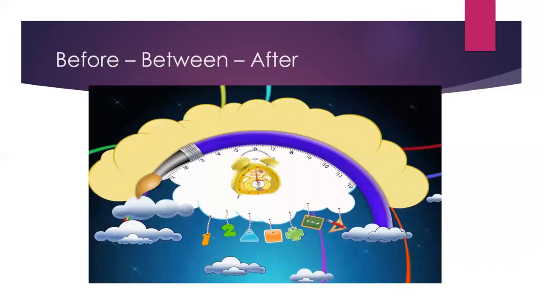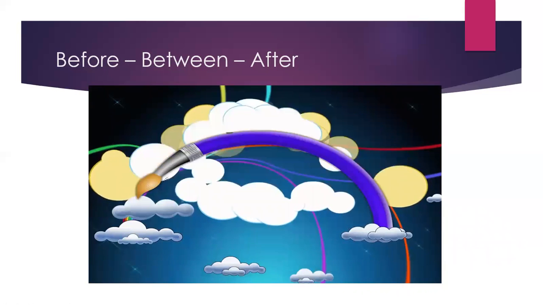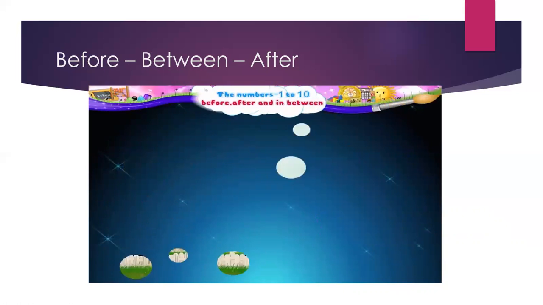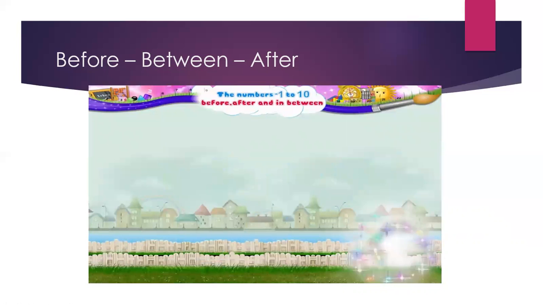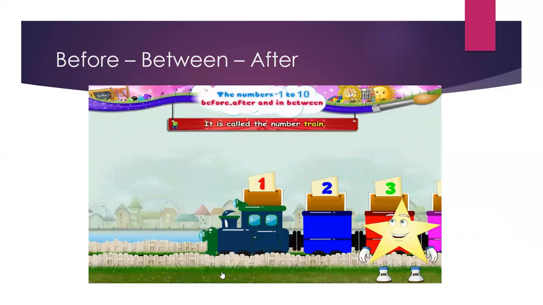The numbers 1 to 10: before, after and in between. Starry, have you seen this train before? It is called the number train. Look at the number on the engine. It is the number 1.